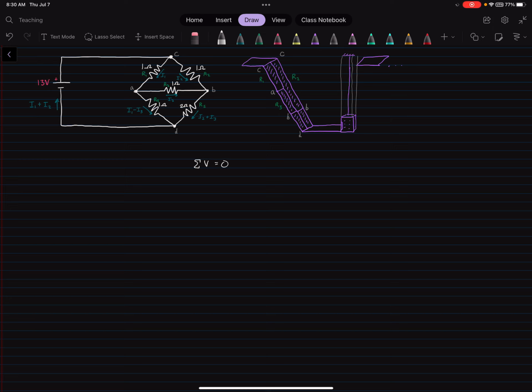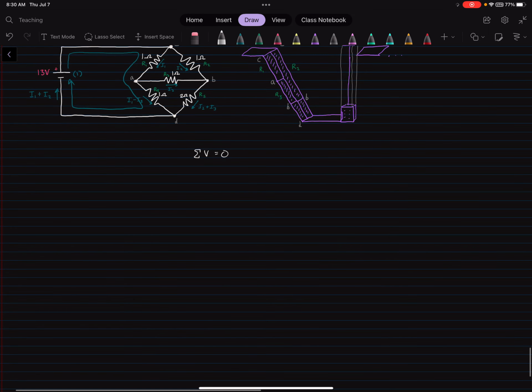So as we go around in a loop, we are summing the voltages. And so let me describe our loops. The first loop we're going to consider is this one here, this path, like that. And that's going to give us equation number 1.